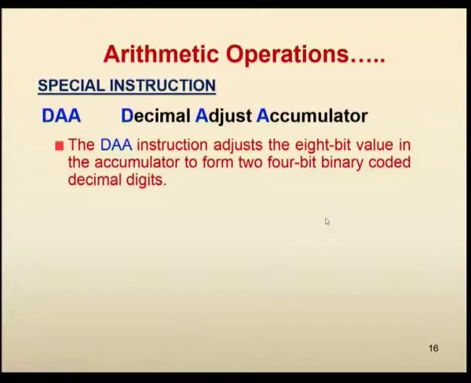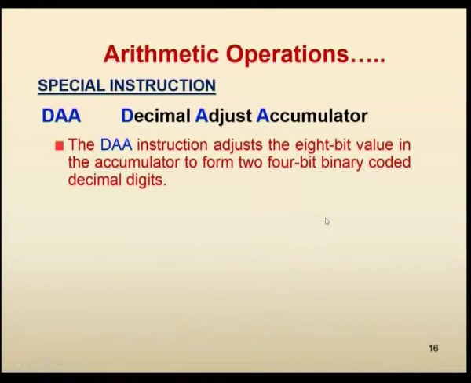That is the procedure which I hope you are aware of. Instead of doing that, 85 can be written as: 8 is 1 0 0 0 and 5 is 0 1 0 1. This is called the BCD notation.